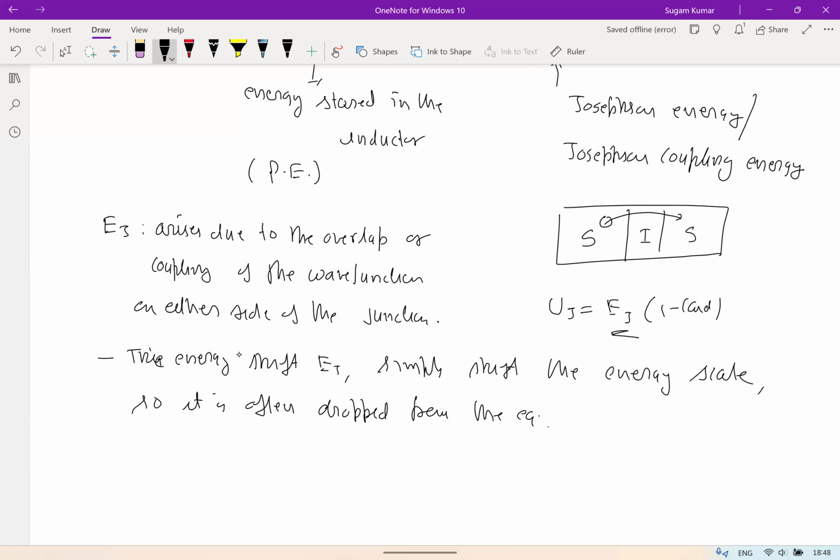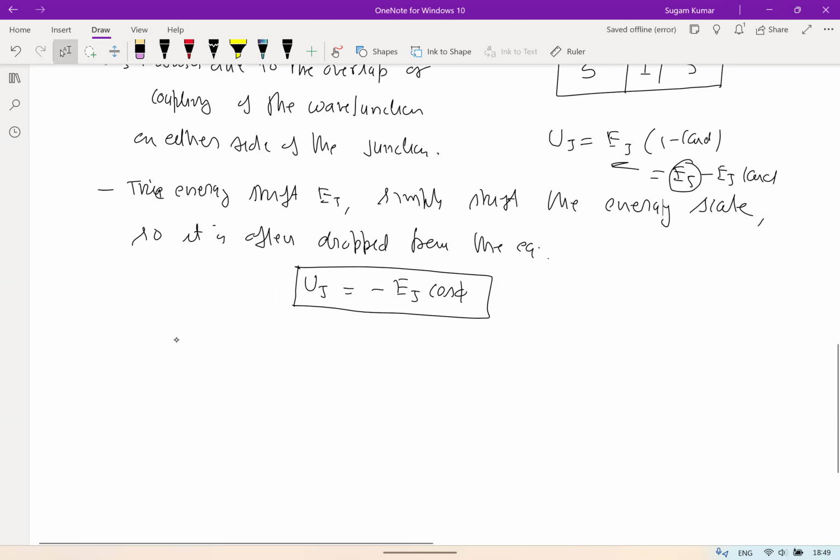We can drop it and simply say UJ equals minus EJ cos phi. This is the offset term; you can just drop it. It's not going to make any change. And this is the potential energy.